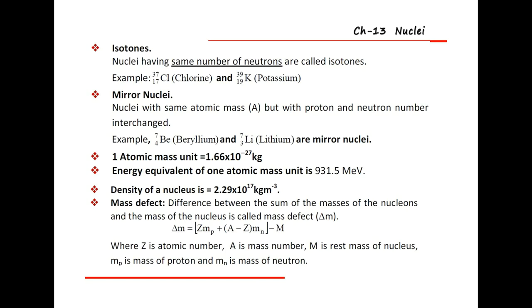Here Z is the atomic number, A is the mass number, M is the rest mass of the nucleus, Mp is the mass of the proton, and Mn is the mass of the neutron. This difference is the mass defect, denoted by delta M.